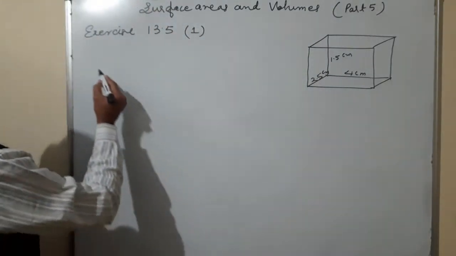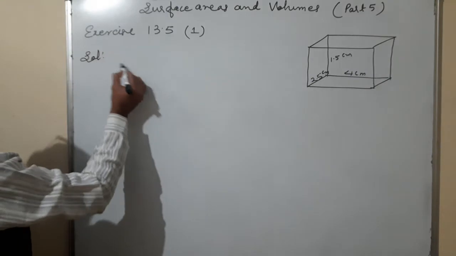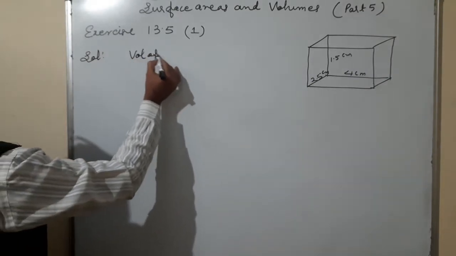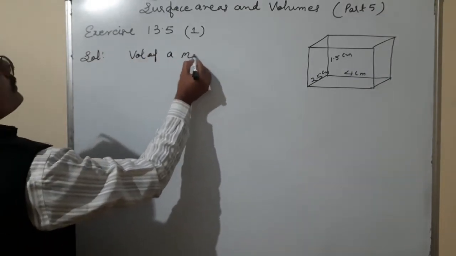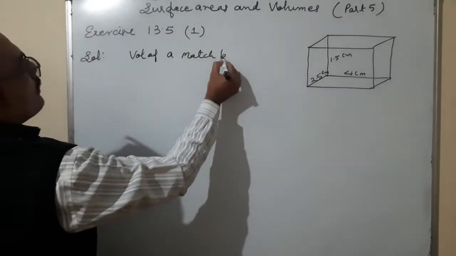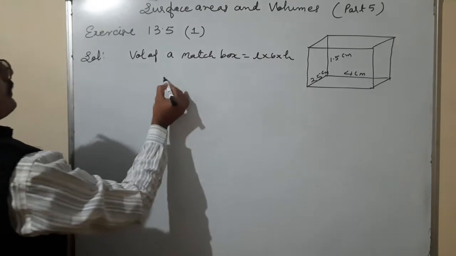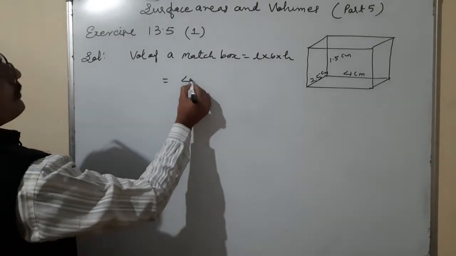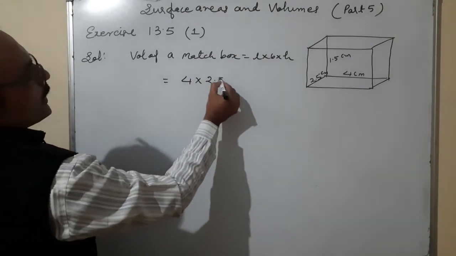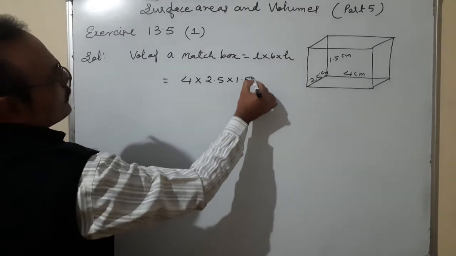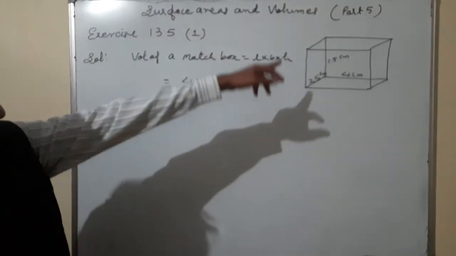Volume of a matchbox is equal to L into B into H. Length 4, 2.5 into 1.5. All units are the same, centimeter, centimeter and centimeter.